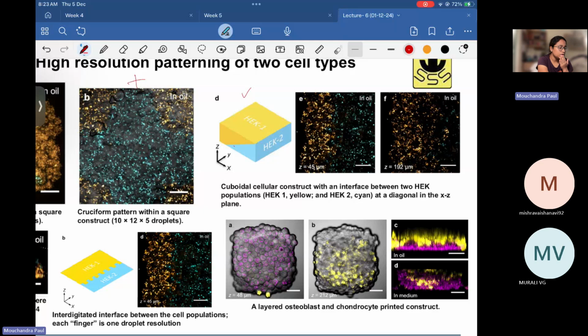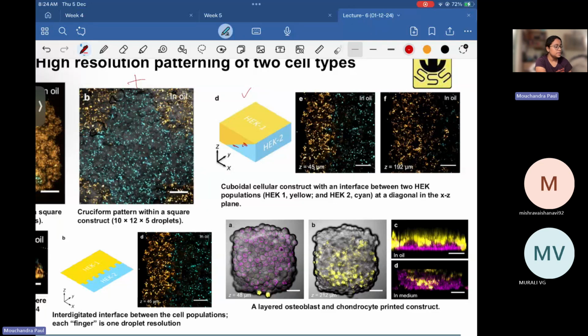Here in the lower one, the blue part is much more prominent than the yellow one, so there is a very nice boundary between the two cell populations. And as it is going up, let's say here, 192 micron, the yellow population is much more, and this is the blue interface separating the blue cell line.